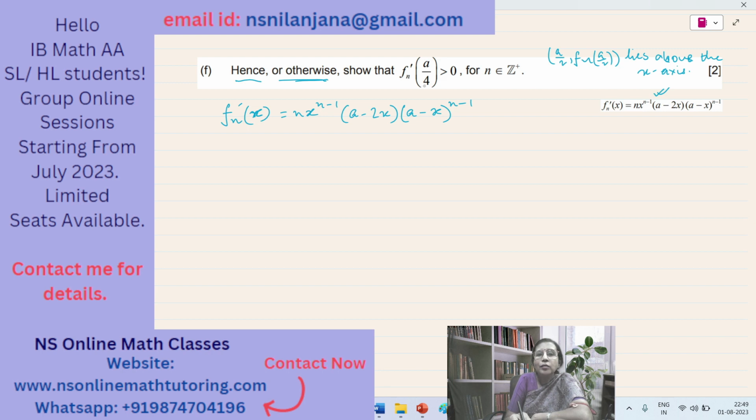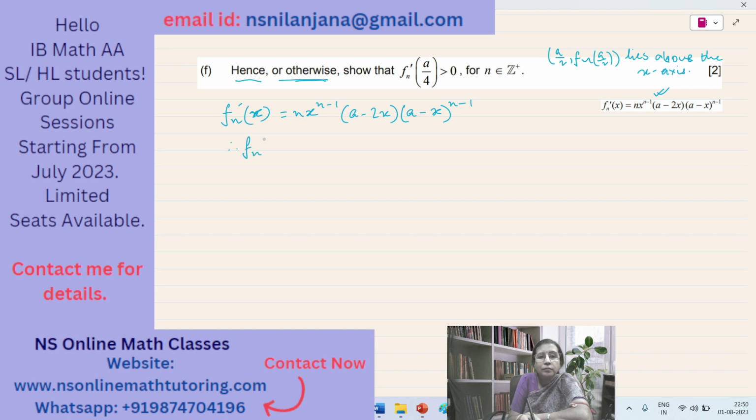Okay. Now, we have to show that fn dash of a over 4, that means x equal to a over 4, is greater than 0. So we will be substituting a over 4 in place of x.